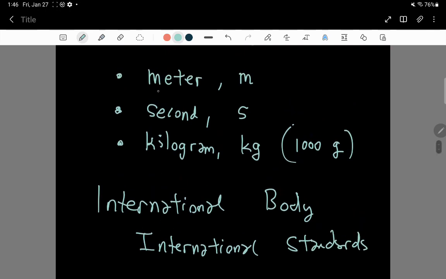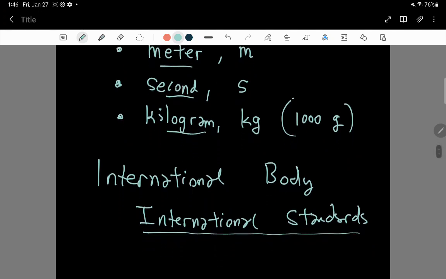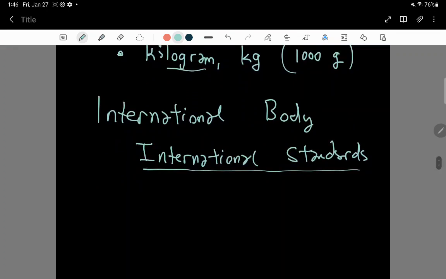And the meter, the second, and the kilogram are international standards that this international body maintains. This international body is referred to as the SI, the System International. So I get you to try to read about the System International, right?